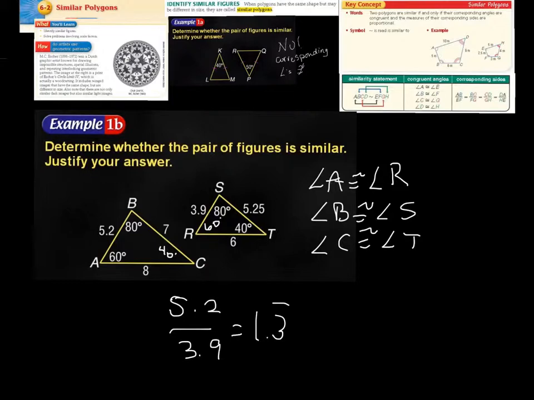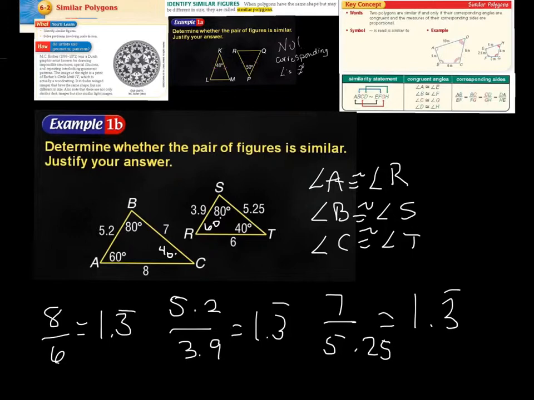BC was 7, lines up with 5.25 for ST, and I divide and I get 1.3 repeating. And last one, AC. Okay, so we'd have 8 is to 6, is also going to be 1.3 repeating. So this is a big yes. And that justifies my answer.